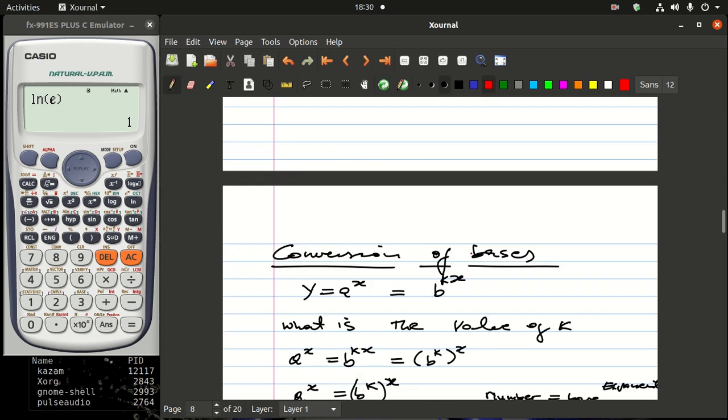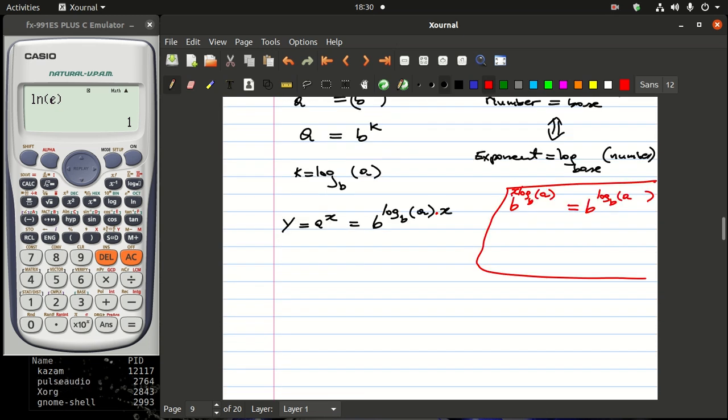But in this case here, we have an x in front, so I have an x there. So x can be an exponent. So take a look here. If I have a to the power x, this is the same as b to the power log base b of a, all to the power x.